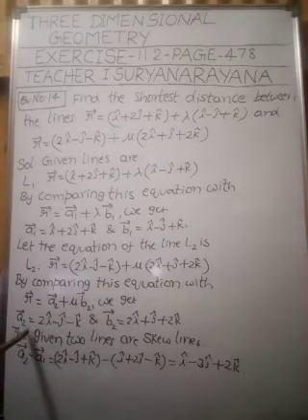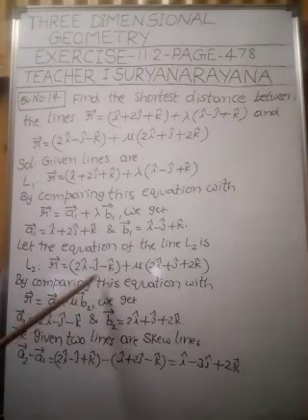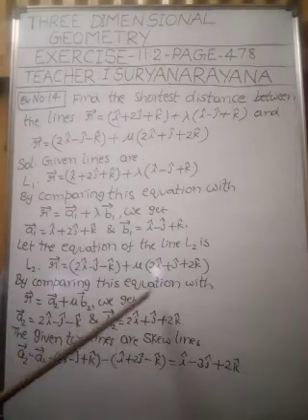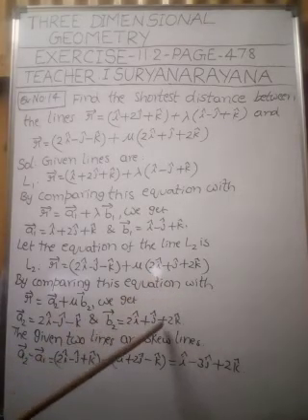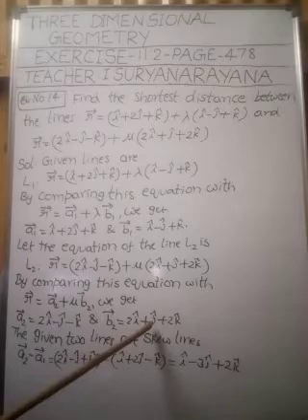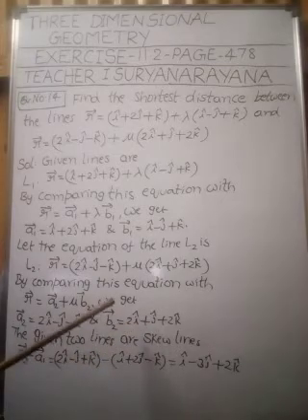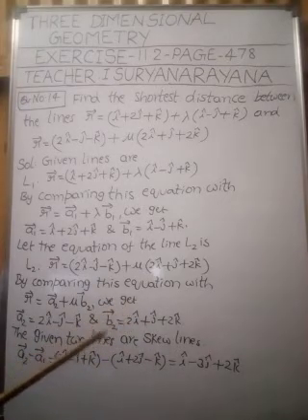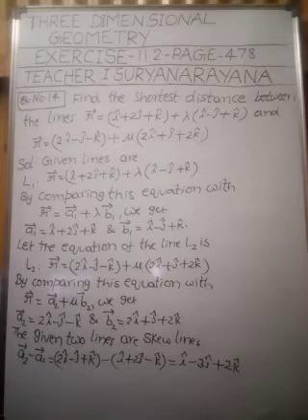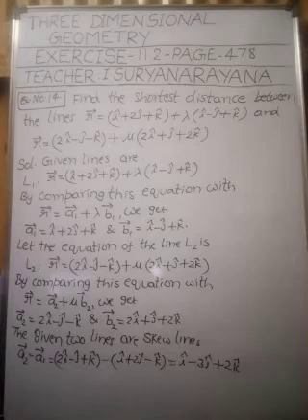We get A2 bar is equal to 2i cap minus j cap minus k cap, and B2 bar is equal to 2i cap plus j cap plus 2k cap. Understood this statement, children? So here these two lines are not parallel, which means we have to consider these two lines as skew lines.